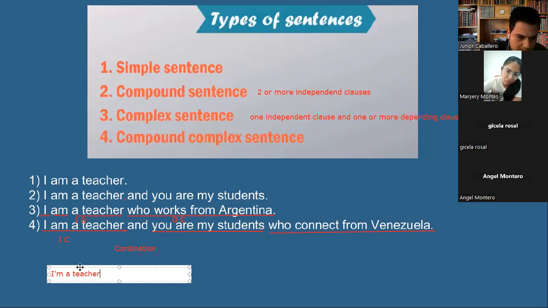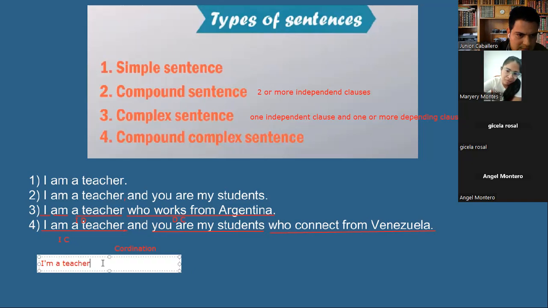Vamos a hacer la oración que, si no me equivoco, Gisela mencionó. I am a teacher. You are my students. And I connect... Eso fue Marjorie. Ajá. And, ¿y qué más? And I connect from Venezuela.